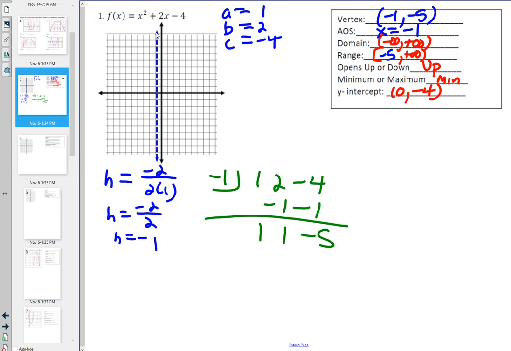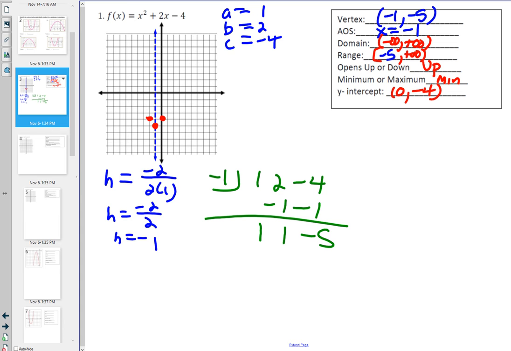-1, -5 is the vertex. The y-intercept is at 0, -4. I can flip that across. So I have 3 points so far. I need another one. But I've already used up a point that's 1 away from the vertex.